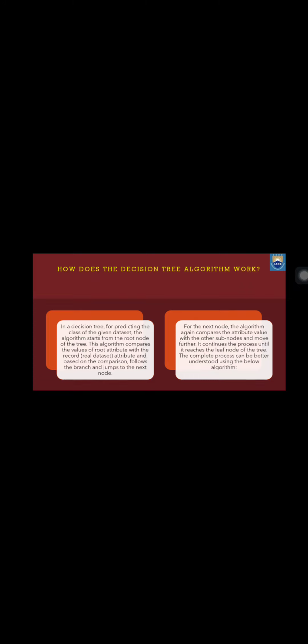So let us see what are the steps involved in decision tree algorithm. Step 1. Begin the tree with the root node, say S, which contains the complete data set.